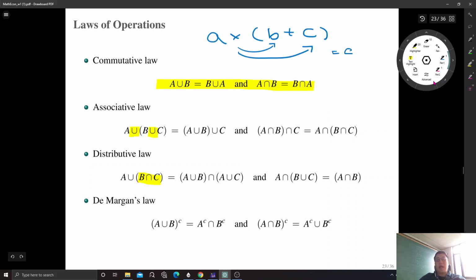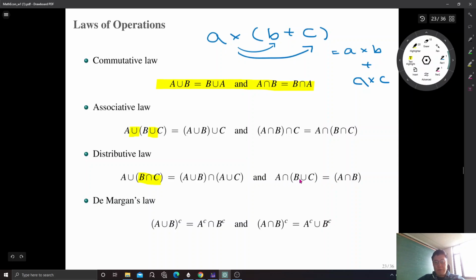So that is A times B plus A times C, right? And so similarly, we can distribute union through the parentheses. So this is the same as A union B intersection A union C.